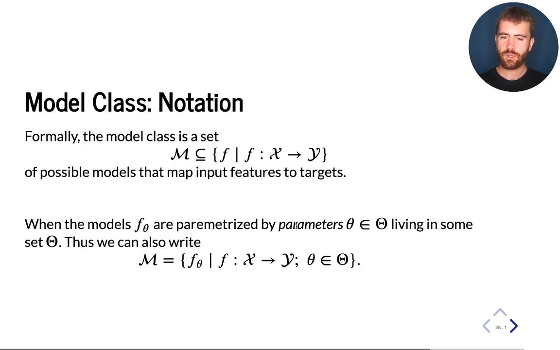As we saw earlier with linear models, we can define, for instance, the set of linear models as the set of functions that have a linear form with these linear parameters, where these parameters live in a specified set, which is, for instance, the set of all valid linear models.